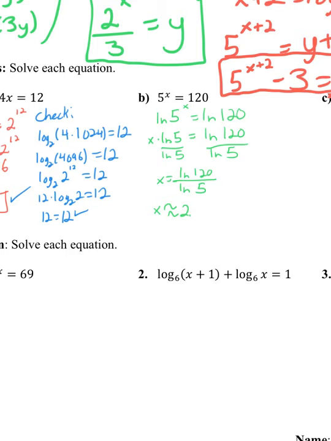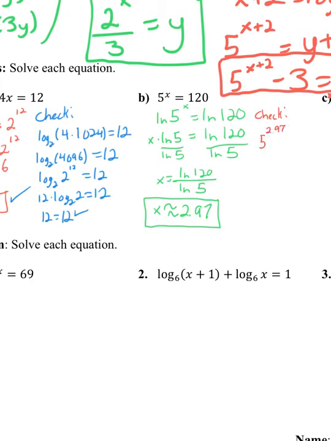So actually I'll make it 2.97 instead of 2.98. It's terrible rounding, but it's 2.974. And if I put it in my calculator to double check, when I check it, I want to put in 5 to the 2.97 power.